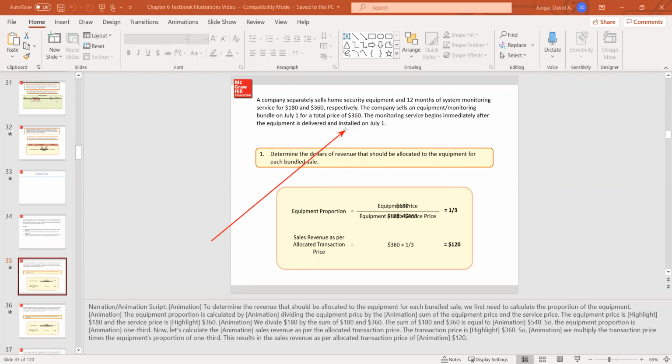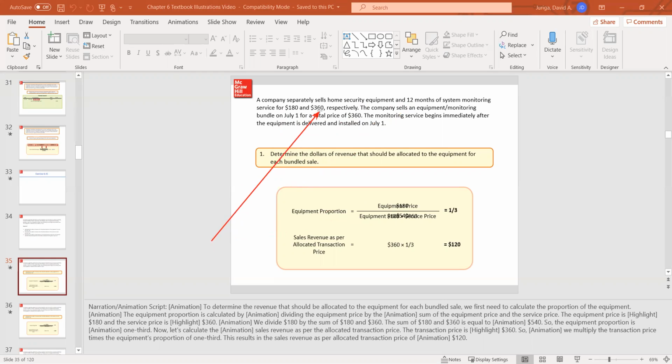So in this case, the total price is $360. And it looks like you're simply taking a simple ratio in terms of the cost. If you go back and look at the numbers, they sell the home security equipment and 12 months of monitoring for $180 and $360.